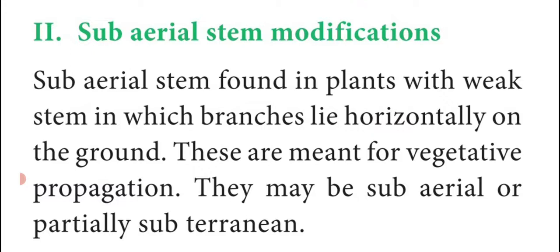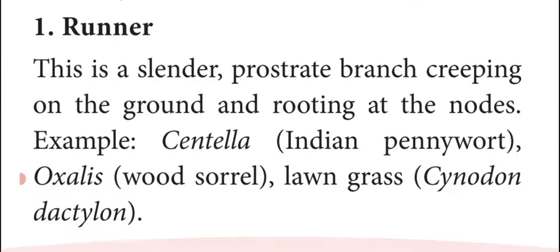That means above the ground level, or partially located below the ground level and again arising above the ground level. That is said to be subaerial modification. It is divided into different types.